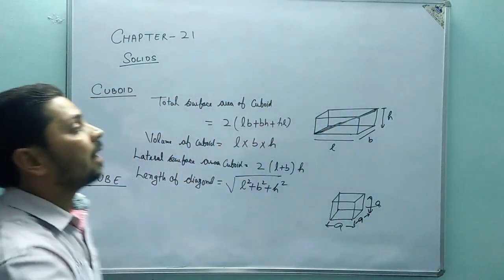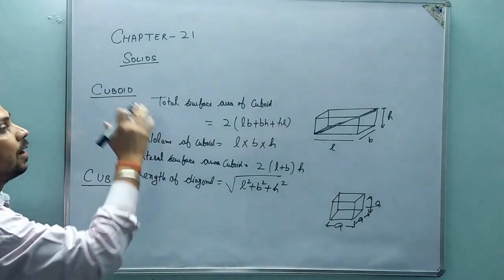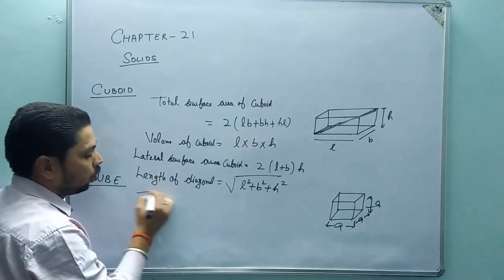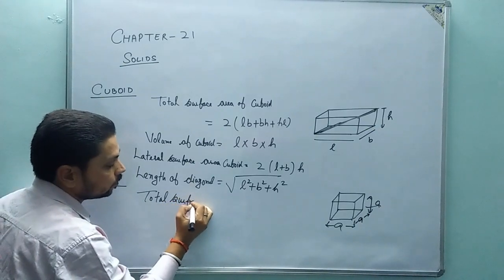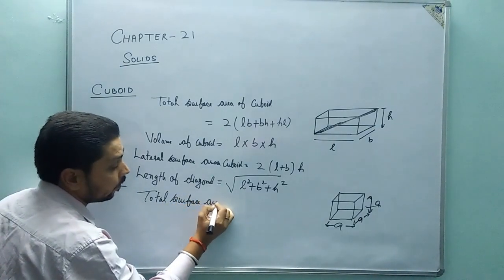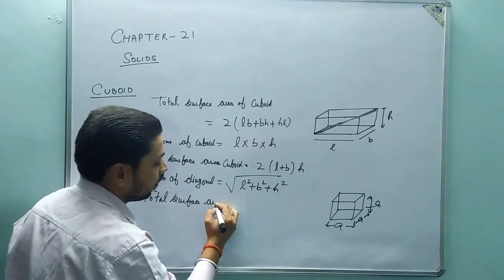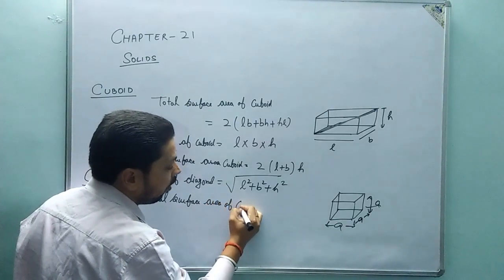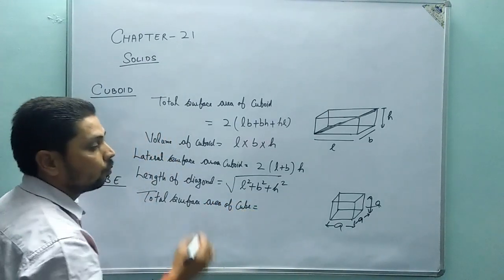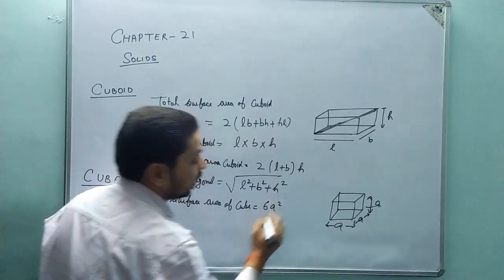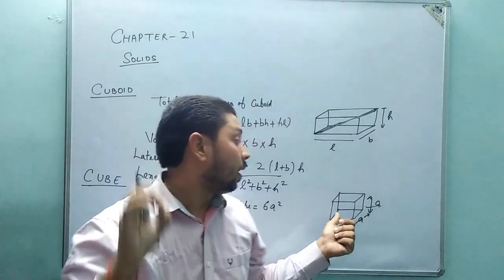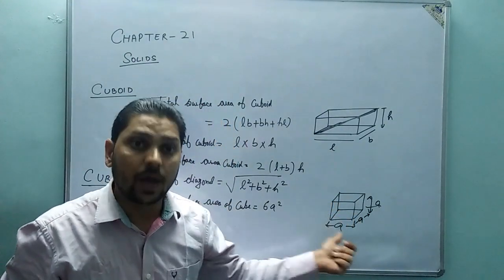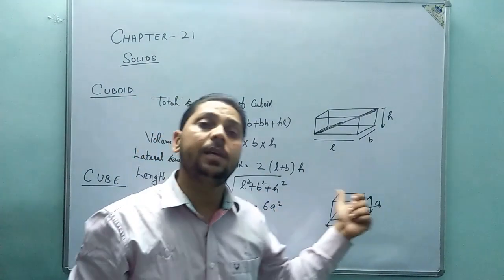So again we will calculate all the formulas related to the cube. The total surface area of a cube is equal to 6a square. Why 6a square? We have squares here and the number of squares is 6.